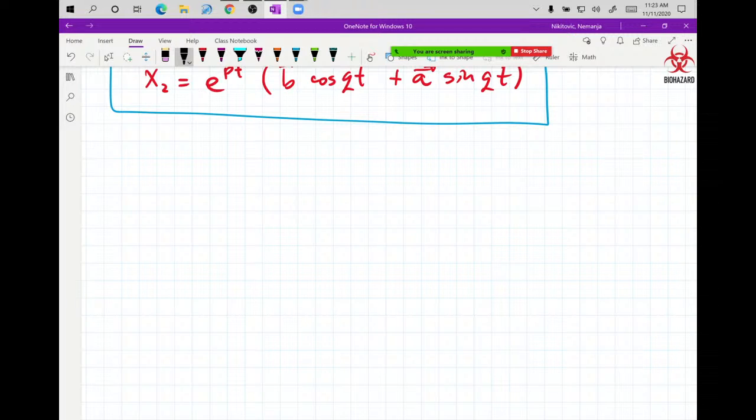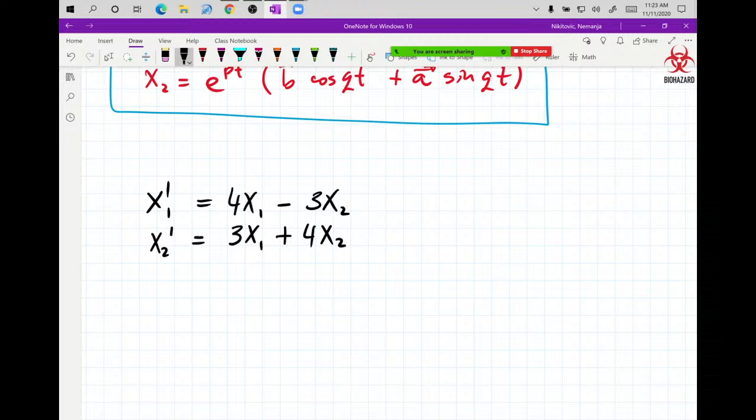We have x1 prime is equal to 4x1 minus 3x2, and x2 prime is 3x1 plus 4x2.